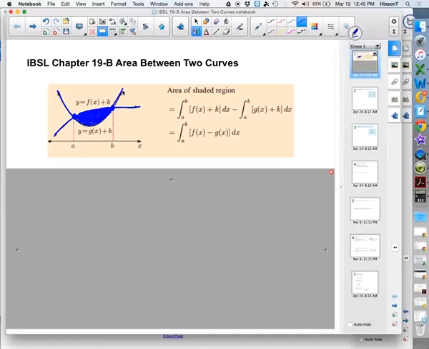Finding a volume. We can take a shape like this and spin it around the x-axis and make a three-dimensional object that in this case would have a hole inside of it. But we could spin it around and figure out what the volume of that thing was.